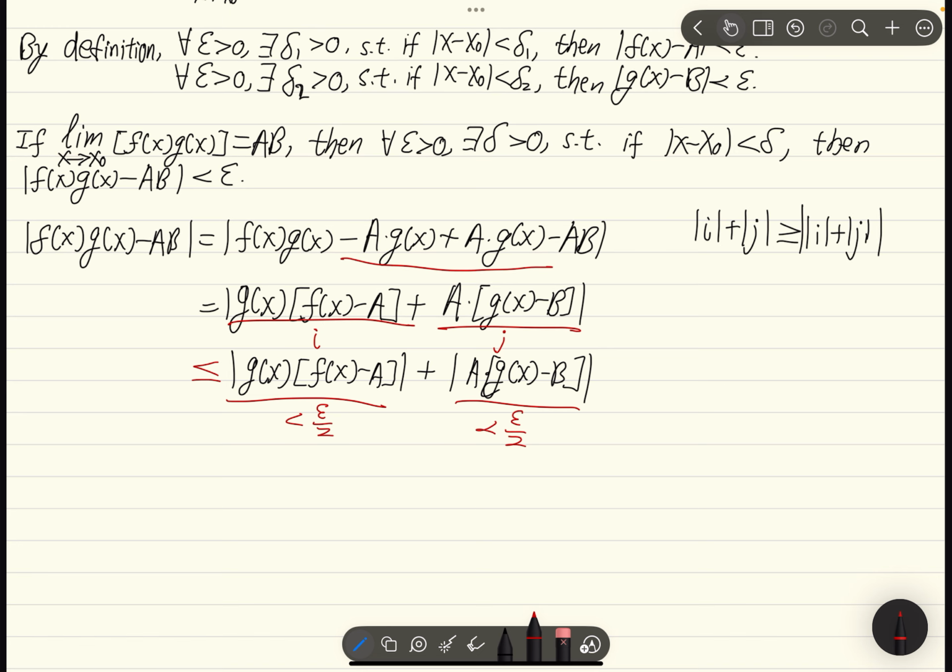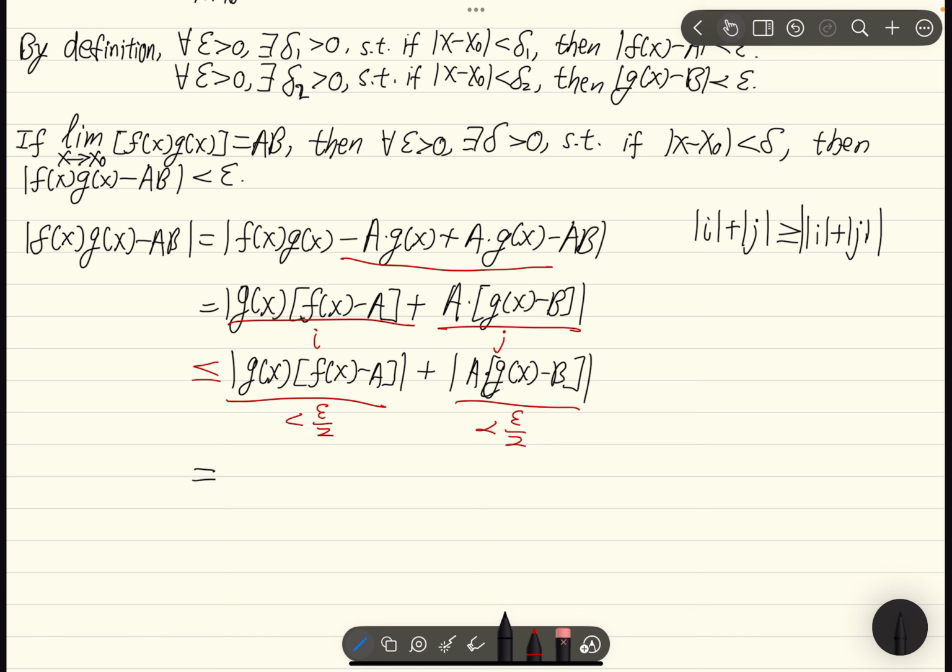Then if these two are all less than half of epsilon, then their sum would be less than one entire epsilon, right? It makes sense quite a lot. So how do we do this then? Well, okay, so let's first work on this side. We'll just work from left to right.